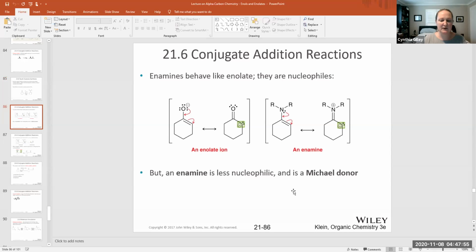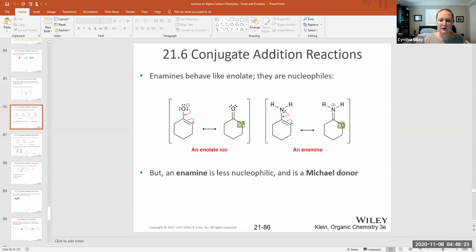When you analyze the resonance contributors of an enamine and compare it to an enolate, you'll see some definite similarities. The alpha carbon has a partial negative charge in both cases, which means that they're both going to be nucleophilic at this carbon. There are some differences though. Because we have a full negative charge with an enolate ion, this is a stronger nucleophile than an enamine.